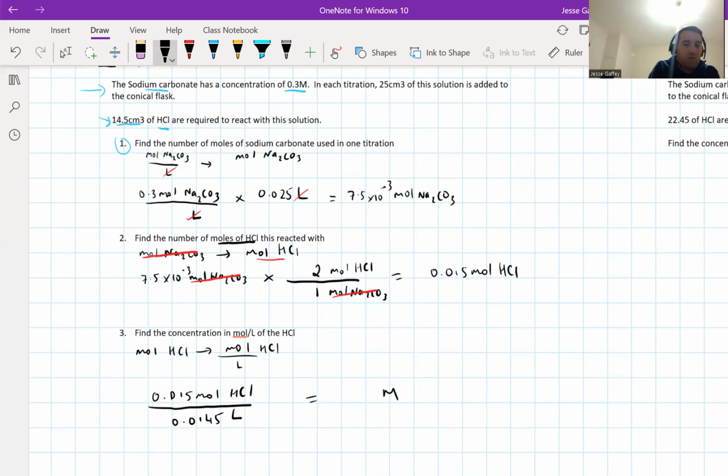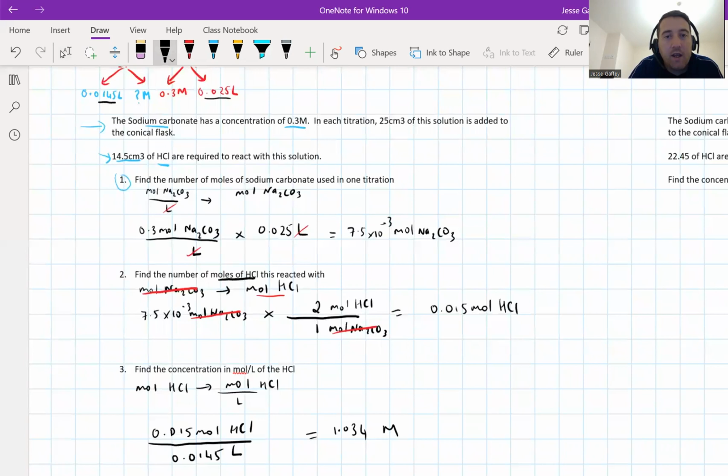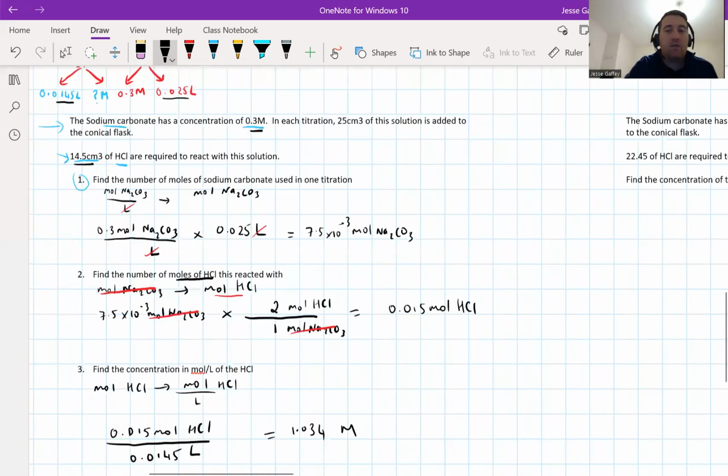I'm getting 0.015 divided by 0.0145, and the answer is 1.034 molar. That seems okay comparing it to the sodium carbonate, 0.3 molar. They used a lot less of the acid, and it's 2 to 1, so that kind of makes sense. And it's a good bit higher. All right, and that is how you do that one.